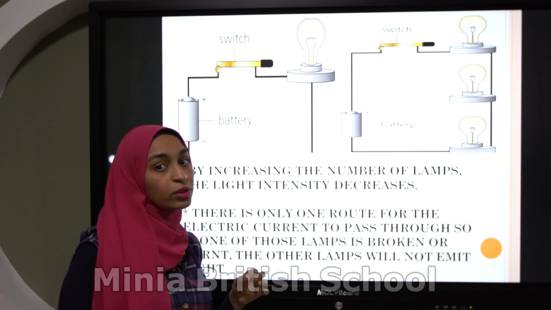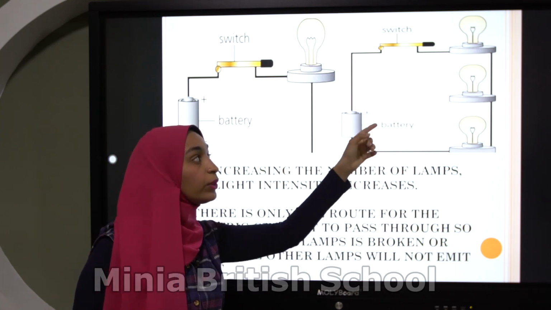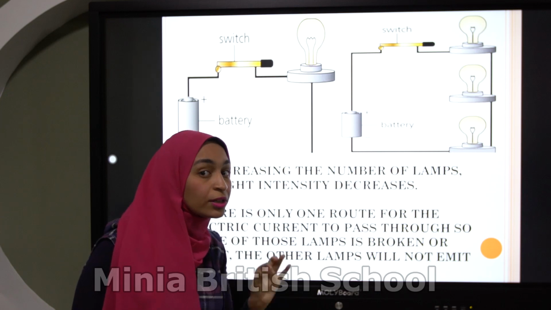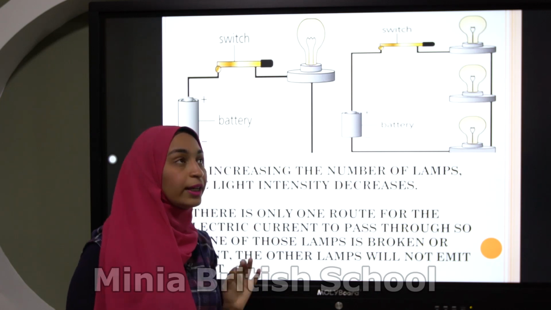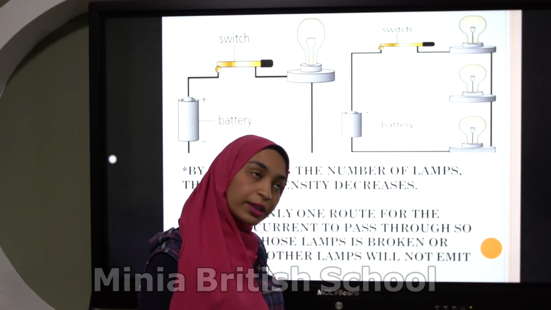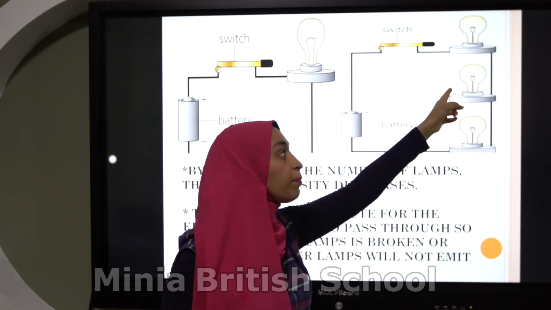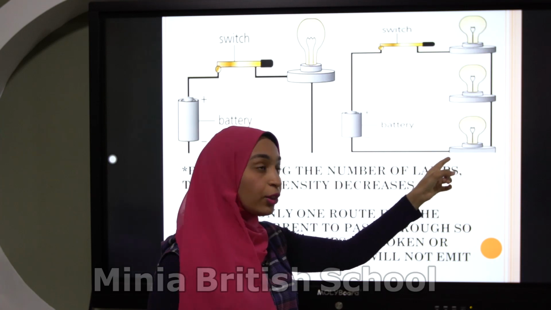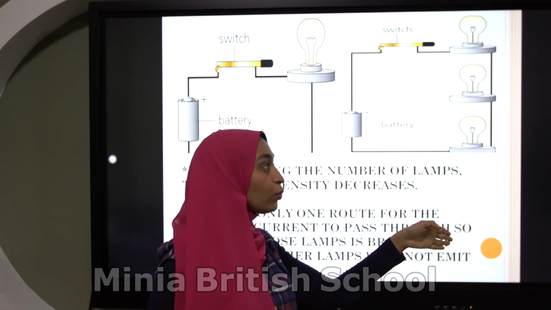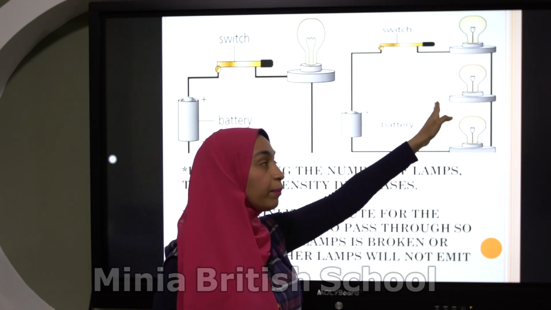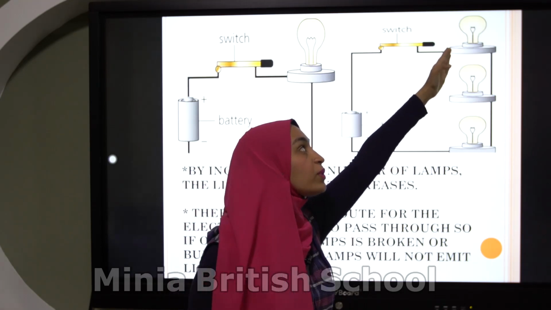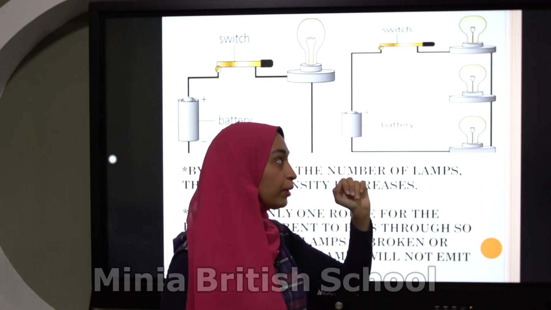Why? Because in a series connection we have only one route for the electric current to pass through. So if one lamp is broken or burned out, the electric current will not find a route to reach the other lamp, so it will not emit light.